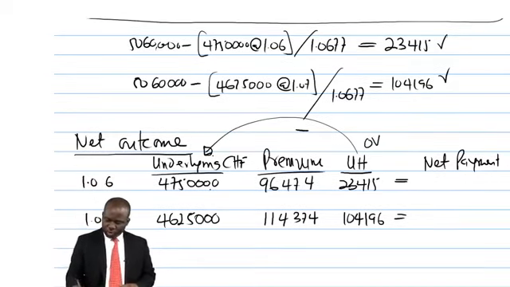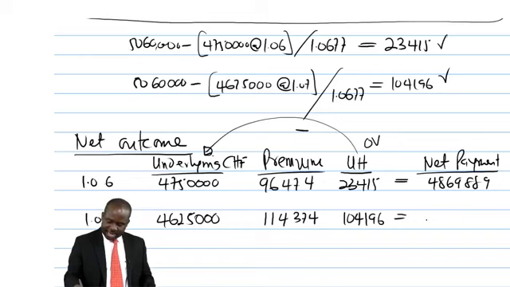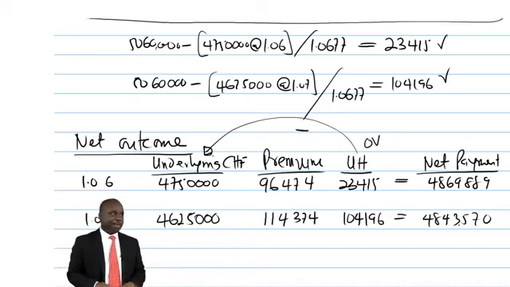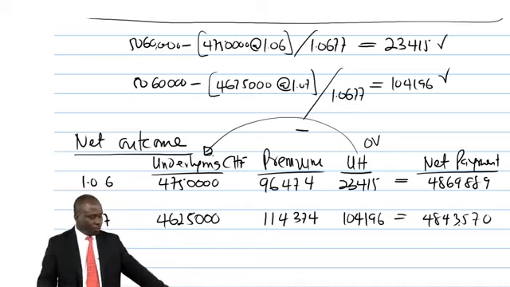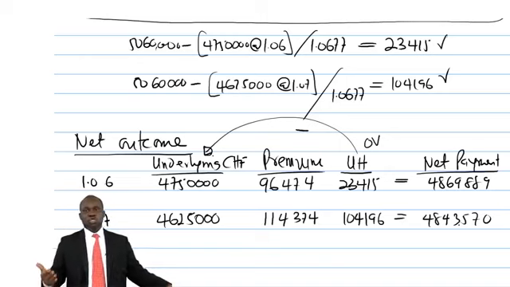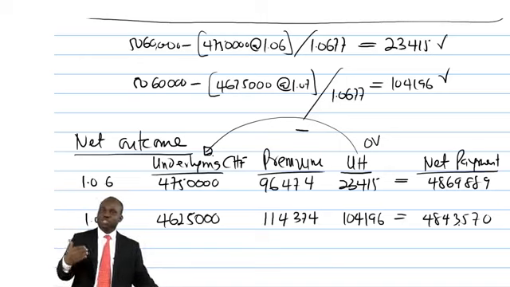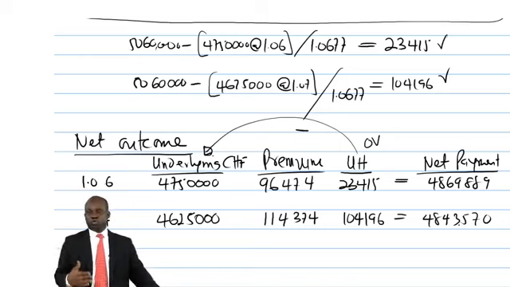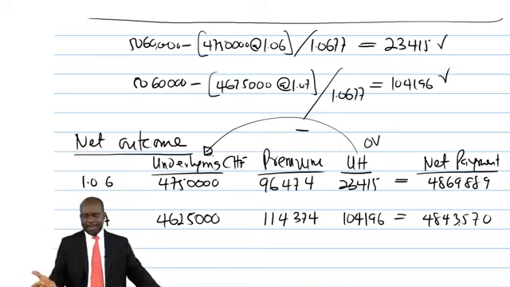Okay, and then what will be the net payment, which is 4,869,889, and this is 4,843,570. So that is the net payment. Which one are you supposed to actually select? Because it's a payment, you will want to select the hedging strategy that of course will give you the minimum payment.